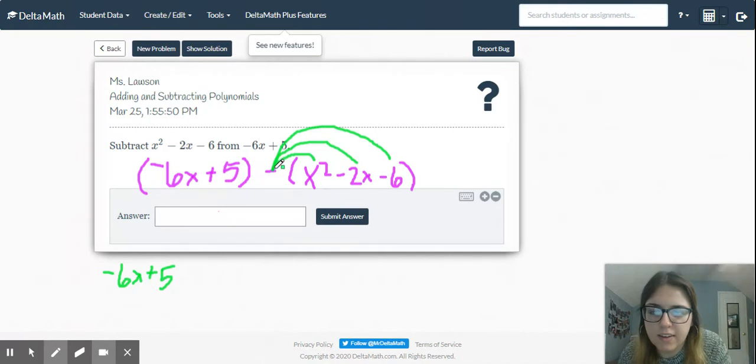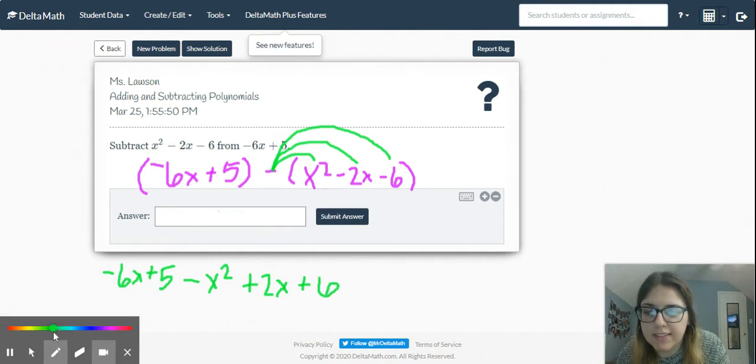And then all of these things behind the subtraction sign, they change sign. So positive x squared becomes negative x squared. Negative 2x becomes positive 2x. And then negative 6 becomes positive 6.